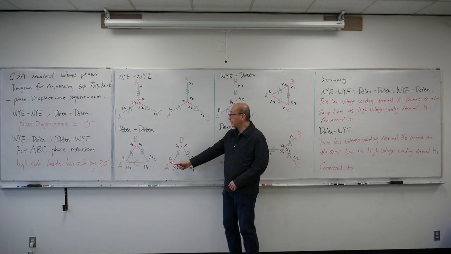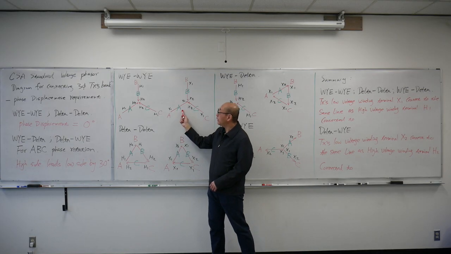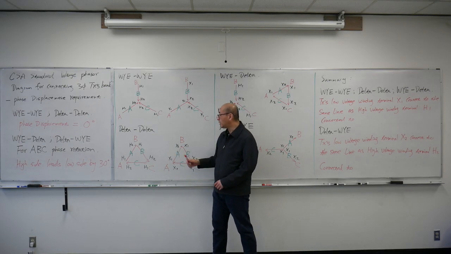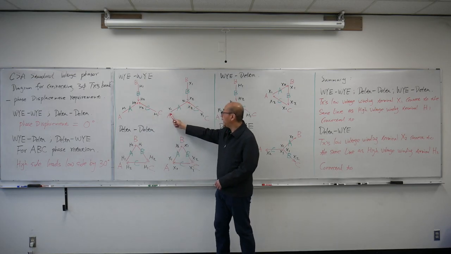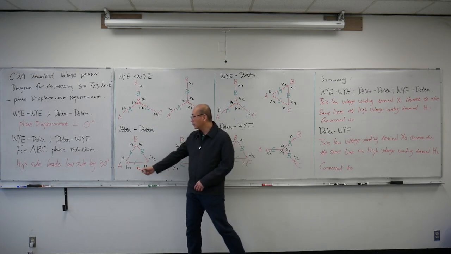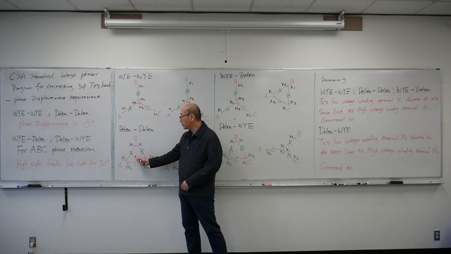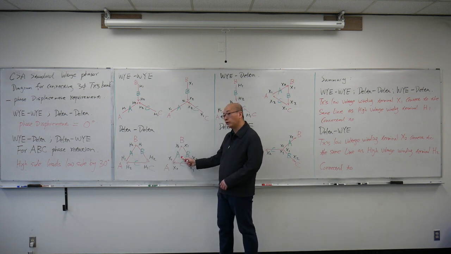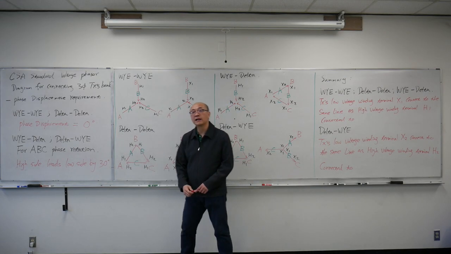So we can see that for each phase in Y to Y and delta to delta, for A to neutral, and in delta to delta the center of the delta is the neutral point, they are all at the same angle. So that's when the phase displacement is 0 degrees.